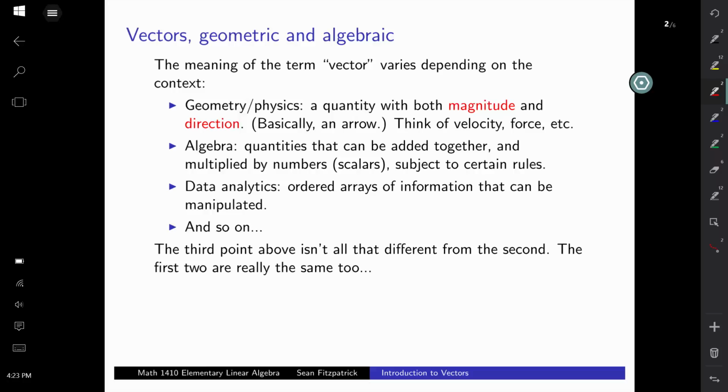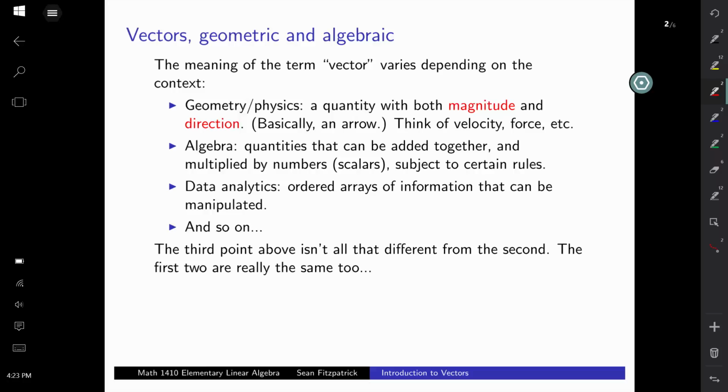Magnitude you think of somehow as being like length, but often you think in terms of velocity, force, acceleration, maybe the electric field, magnetic field, things like this. The strength of the field corresponds to the magnitude, and then there's the direction in which it's pointing.